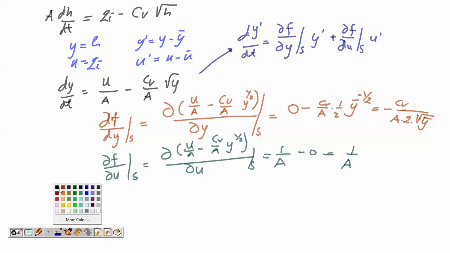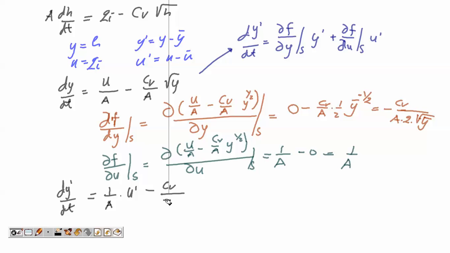Then now we get that dy prime/dt is 1 over A u prime minus Cv over 2A square root of y bar times y prime.